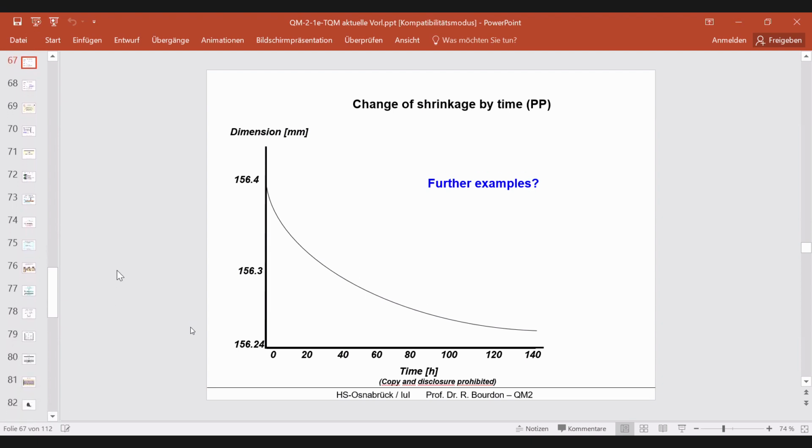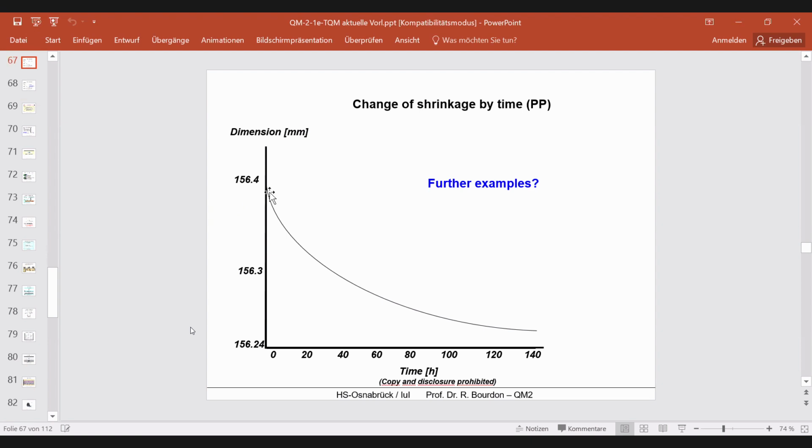Also, a special thing is quality characteristics which you cannot measure directly after the production. Just an example, this is an example by the shrinkage of a polypropylene plastic component. Polypropylene has a post-shrinkage. It is a shrinkage after cooling down.